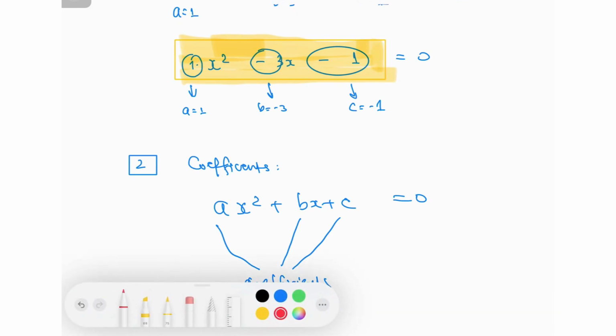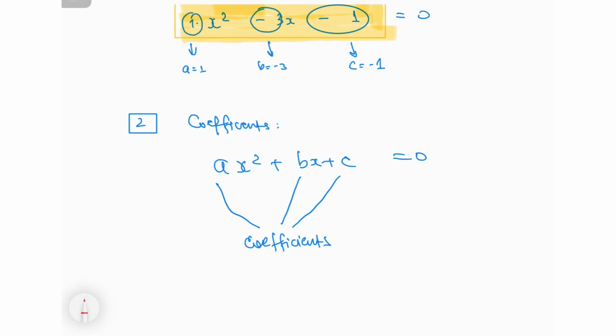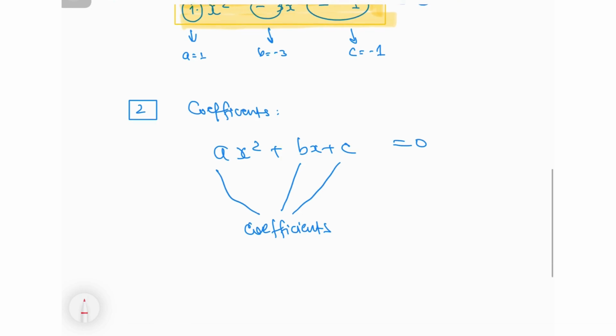Even though a, b, and c are positive in the general form, in a concrete example they are any real numbers, so they can be negative as well.